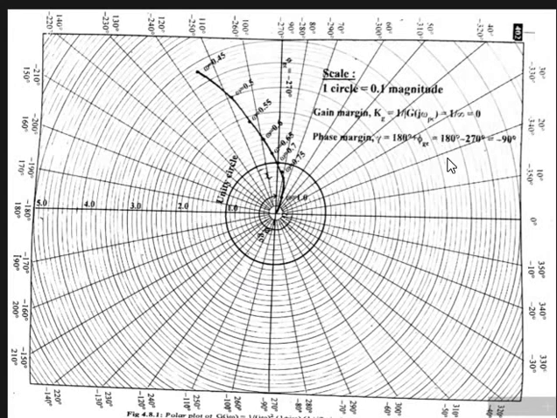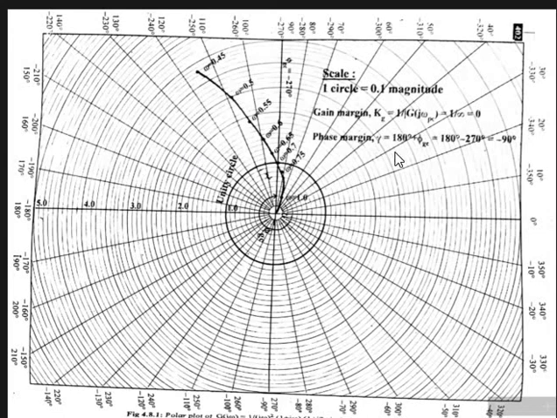That is the angle of G(j omega) into H(j omega), the angle between this 0 degrees line and this point on the polar plot. From here to here the total angle is 270 degrees, in the clockwise direction, so minus 270 degrees.